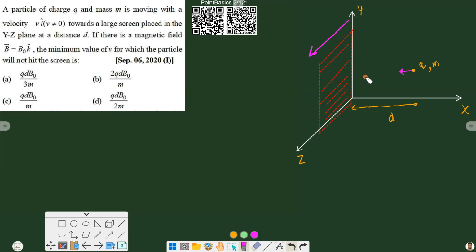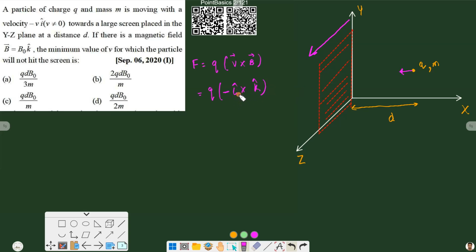So we know that the force on a particle in a magnetic field is given by q V cross B. So first of all, let's find out the direction of the force. Charge is as it is, velocity is in minus i, and magnetic field is in Z, so k, and we have i cross k.